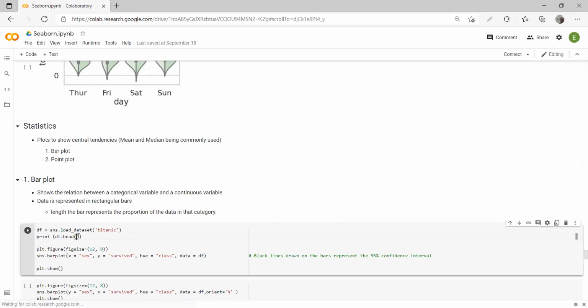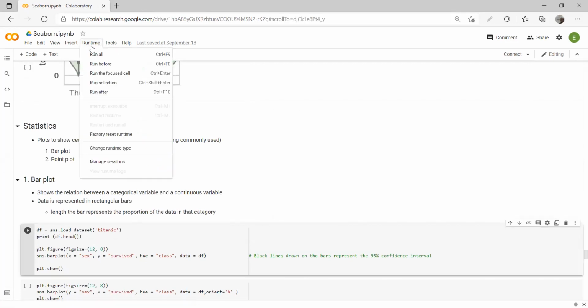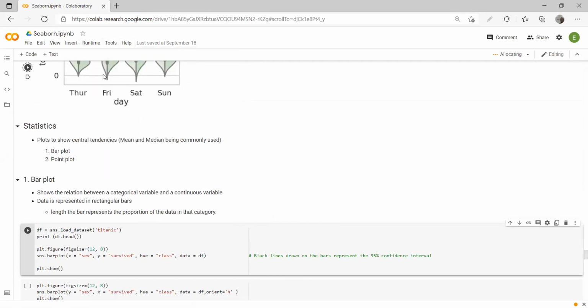So I can just click on the next cell and say run before. So allocating, connecting, since I'm using it for the first time today. Initializing Python 3, Google Compute Engine backend, and it's connected.